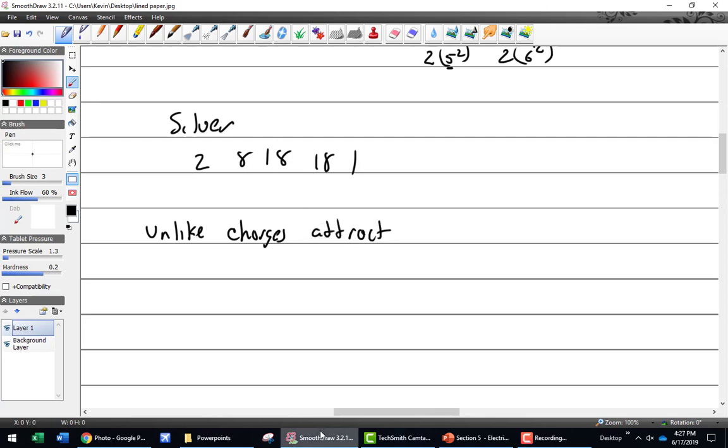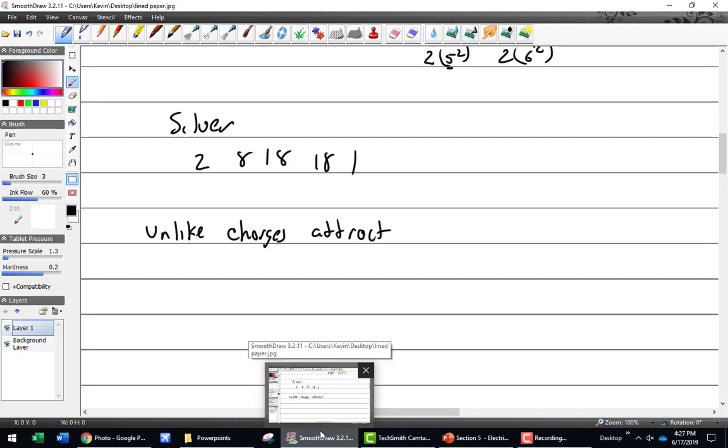So a proton has what charge? Positive. And an electron has negative. Are they like or unlike? They attract each other.